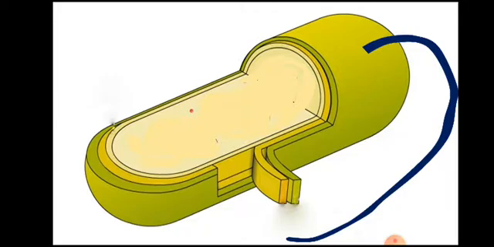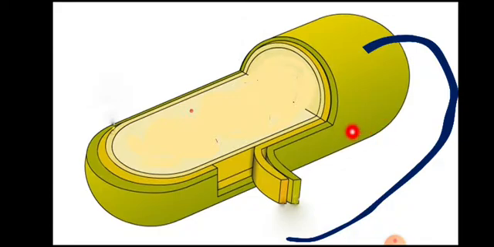So this is the outermost component in flagellated bacteria, which is present outside the cell wall. This is a cell wall which is shown in green, the outermost layer of most of the bacteria. Again, there is a category of bacteria which do not possess this cell wall.